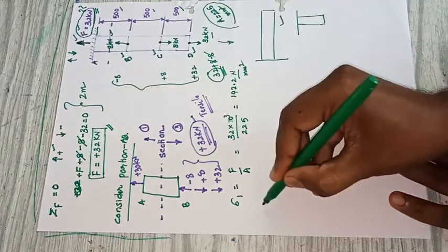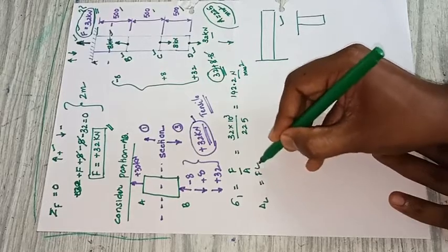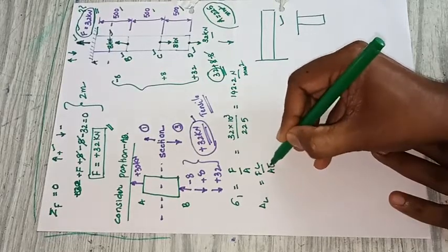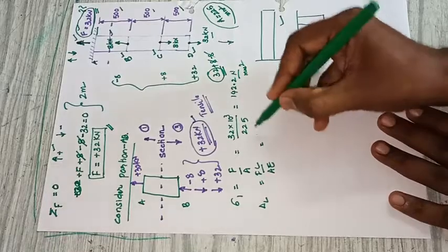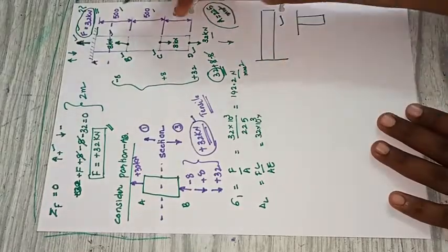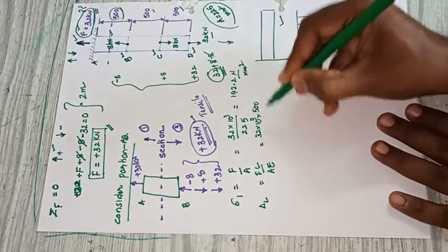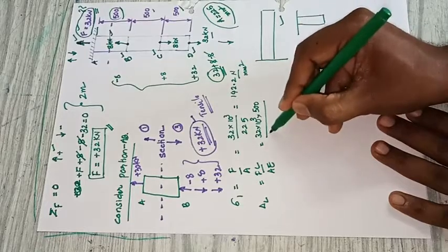Then delta L, the change in the length, is equal to FL by AE. The force is the same, 32 into 10 raised to 3. The length is given here as 500, divided by the area 225.